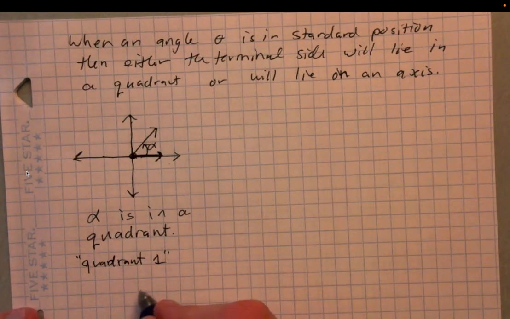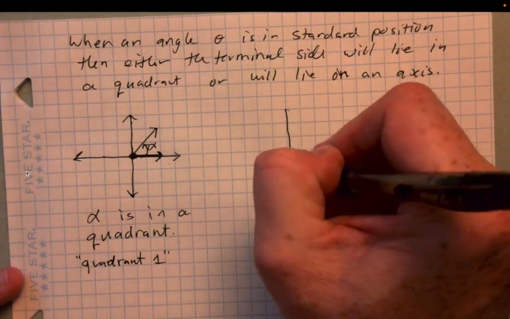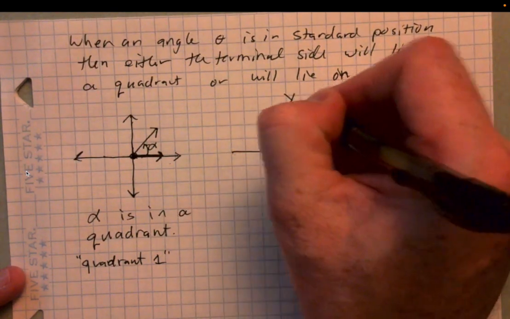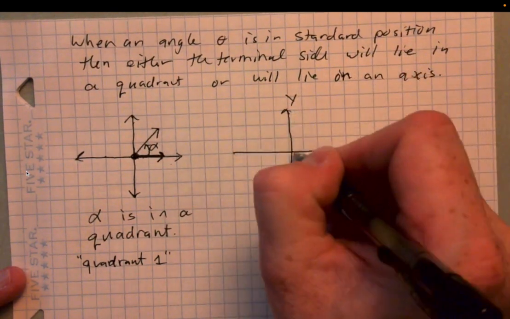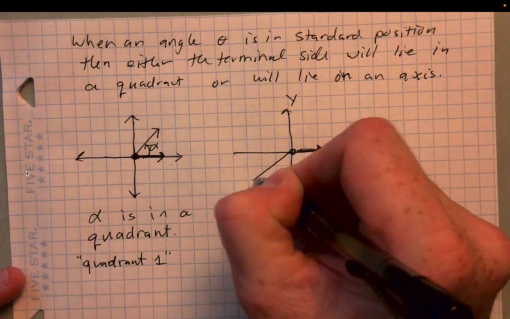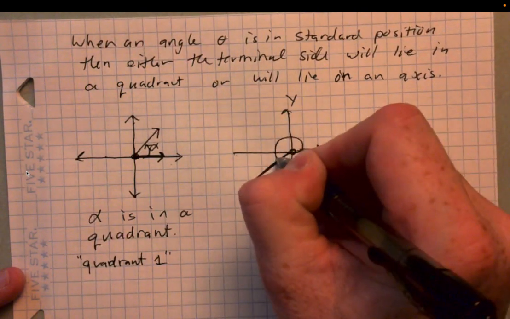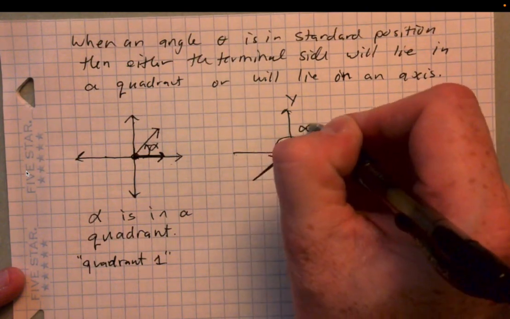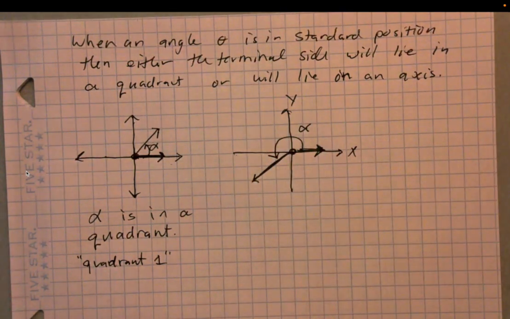Another example would be: I've got my X and Y axis here, my initial side, we're in standard position, and maybe my terminal side is down there. Again, alpha is in a quadrant. This time it's quadrant 3.